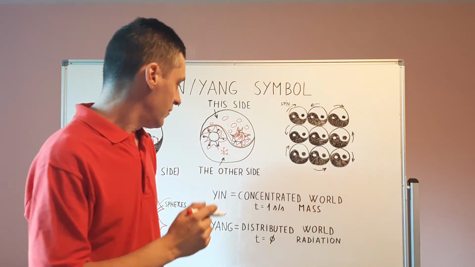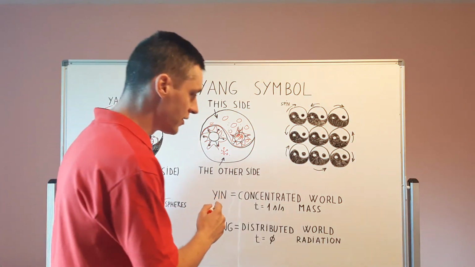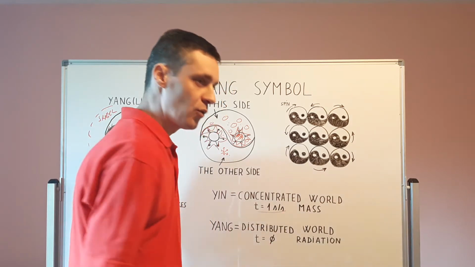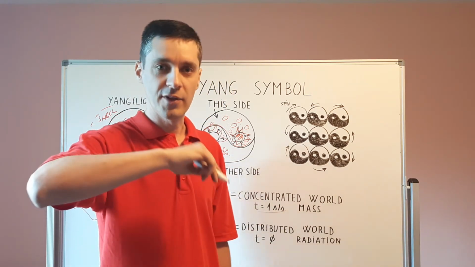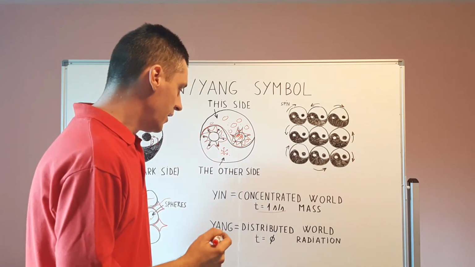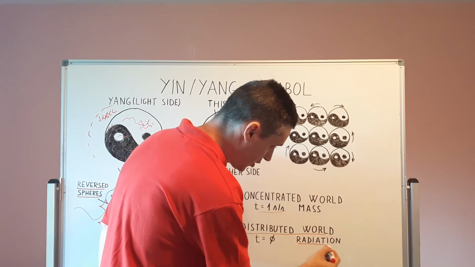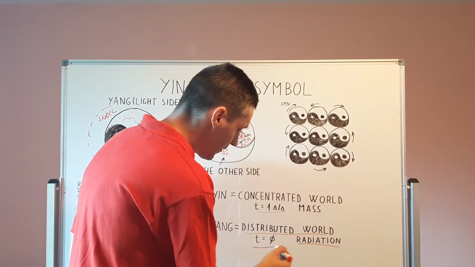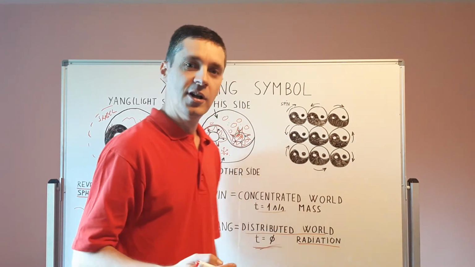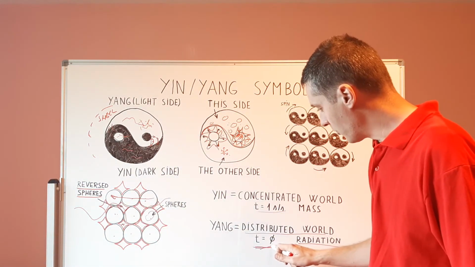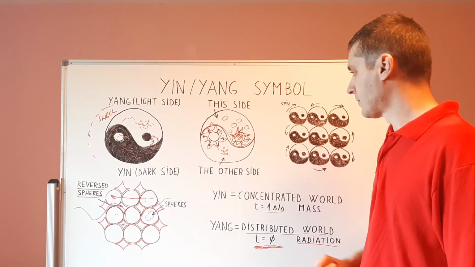We can give it a name: yin is a concentrated world with mass and time, like where we live, it's one second after every second after every second, and another world which is a distributed world, the world of radiation, where there is no time. It's eternal. We know at the speed of light there is no time. It's a place where somehow you go after you die.